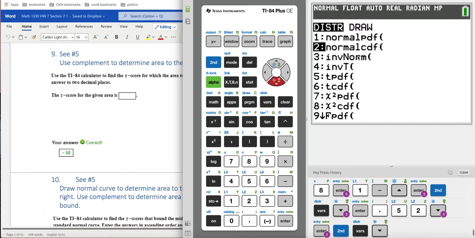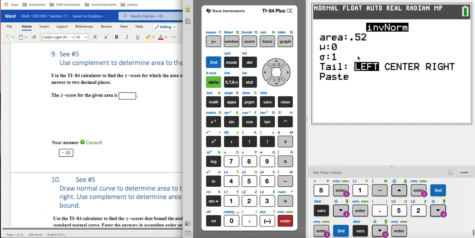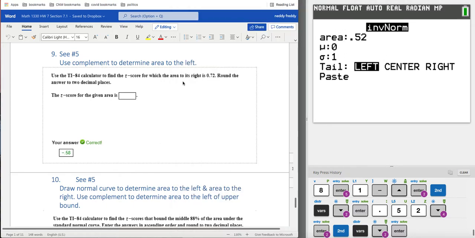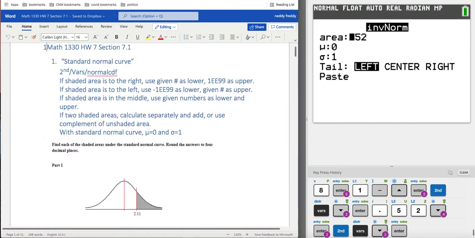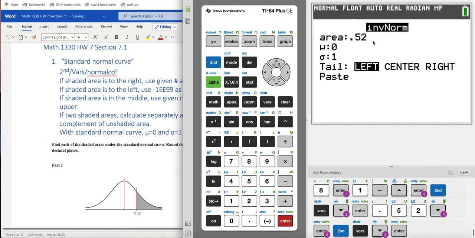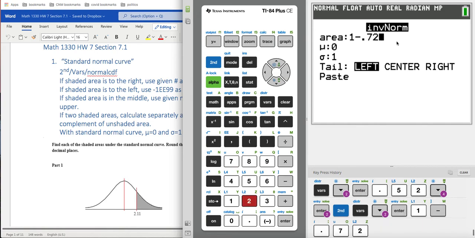So again, we're going to go inverse norm. And this is kind of a nice thing because we can do this calculation right here in the area. So if the area to the right is 0.72, then the area to the left is 1 minus, oops, keep messing that up. Okay, area to the left is 1 minus 0.72.